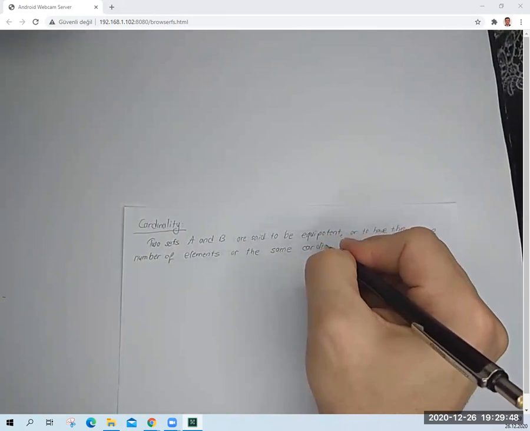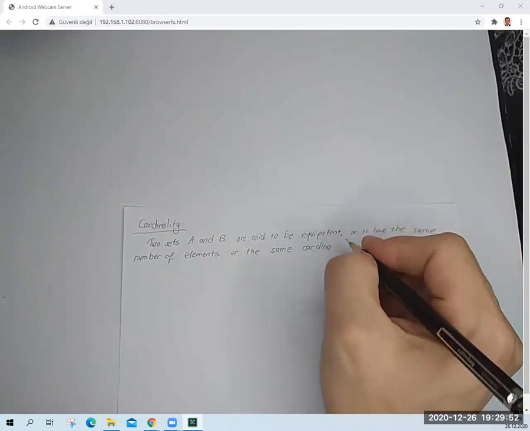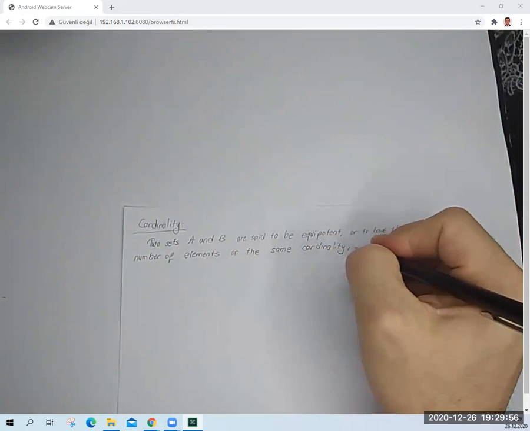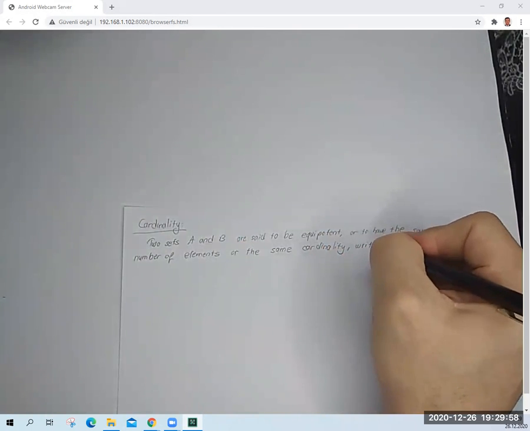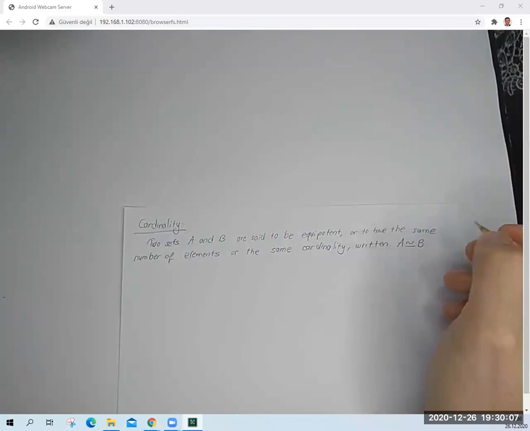So cardinality is what, according to that definition. So we can represent that A and B have the same cardinality.